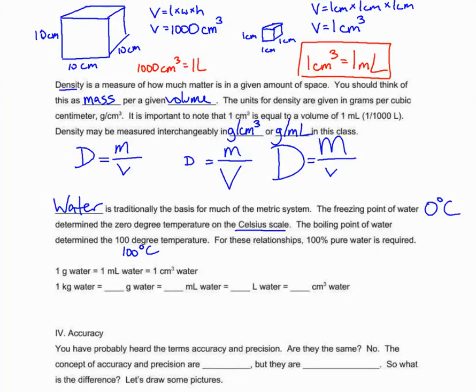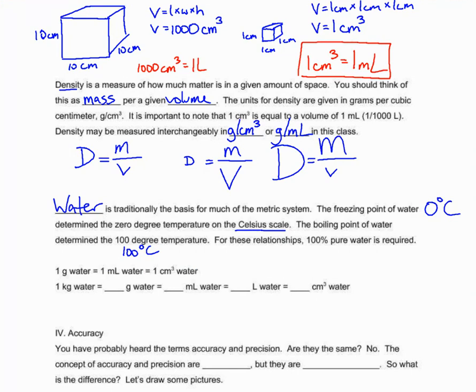For instance, when it gets cold outside and they start throwing salt all over the roads, it lowers the freezing point of water, which means it will melt even if it's below freezing outside, and then it can drain off the road or the driveway, make it safe to walk or drive. 100% pure water has to work for it. Same for this relationship down here. 1 gram of water is 1 milliliter of water, which is 1 cubic centimeter of water.